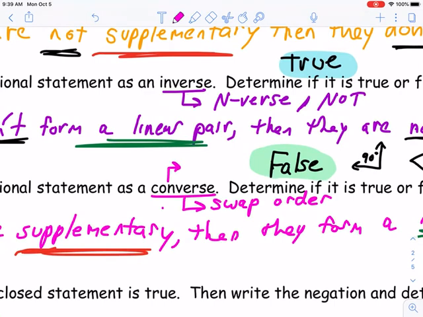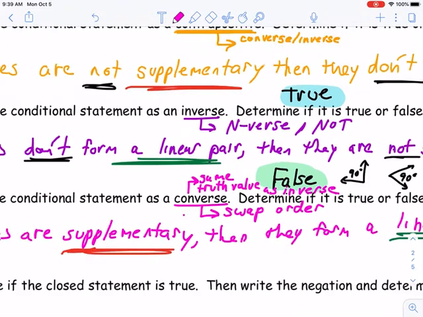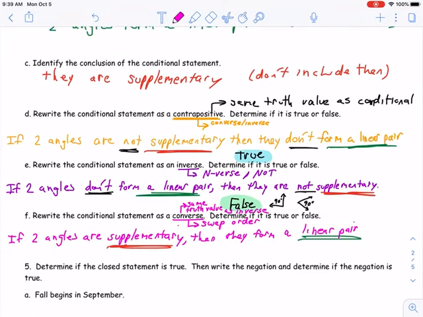I know that converse is the same truth value as inverse. I'm kind of cramming. I got a lot going on right now. Remember, you guys can always pause and rewind. So converse and inverse are always the same truth value. Since the inverse is false, I know the converse is false. They have to be the same.